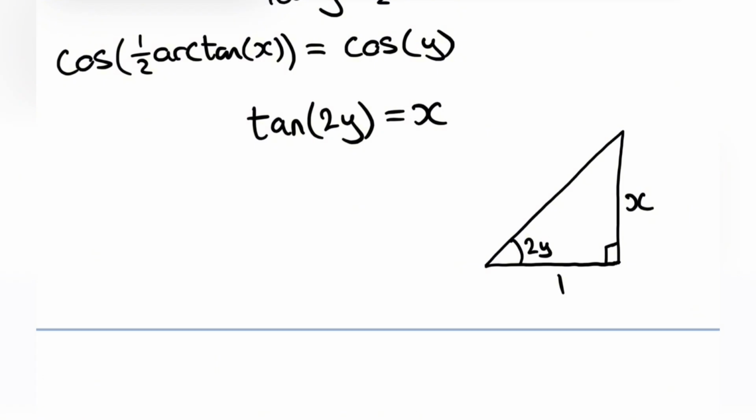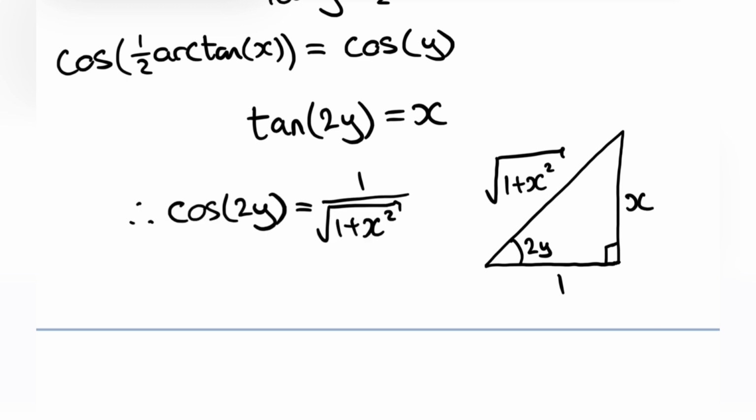So we've currently got tan of 2y being x, and tan is opposite over adjacent, so we can label the opposite x and we can label the adjacent 1. Now, using Pythagoras, that makes the hypotenuse the square root of 1 plus x squared. And as cos is adjacent over hypotenuse, we can say that cos of the angle, so cos of 2y, is 1 over the square root of 1 plus x squared.